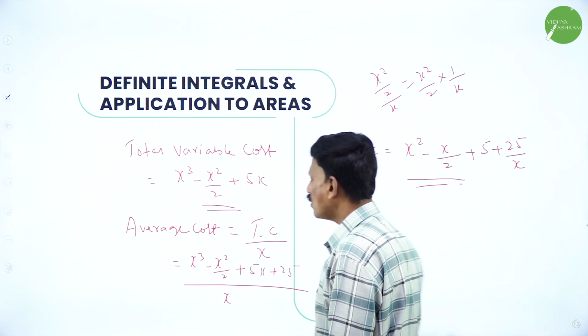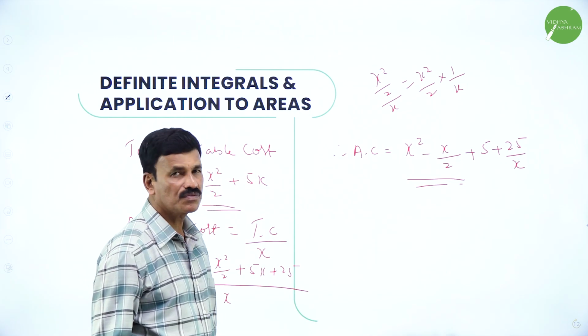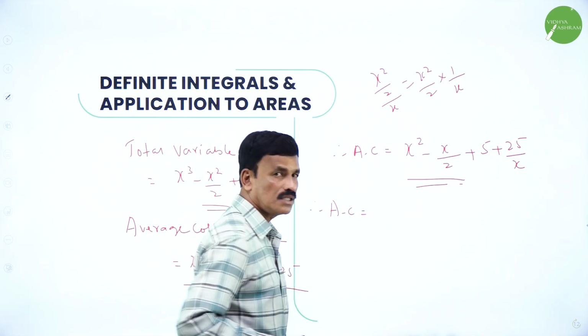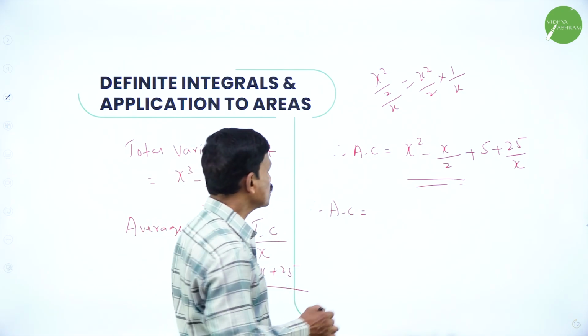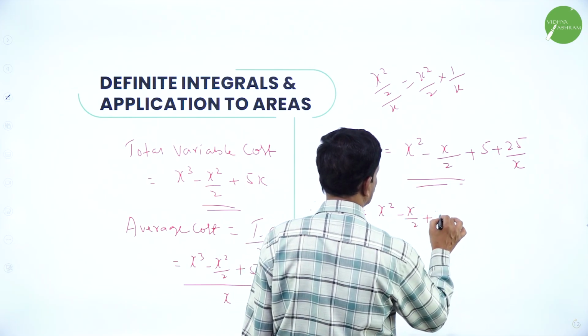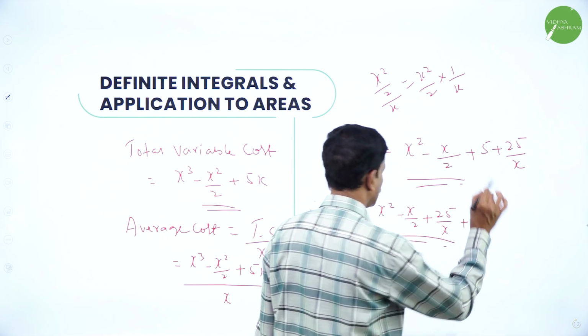So this is the average cost: x square minus x by 2 plus 5 plus 25 by x. That's it. Hope you followed. The average cost can also be written as x square minus x by 2 plus 25 by x plus 5.